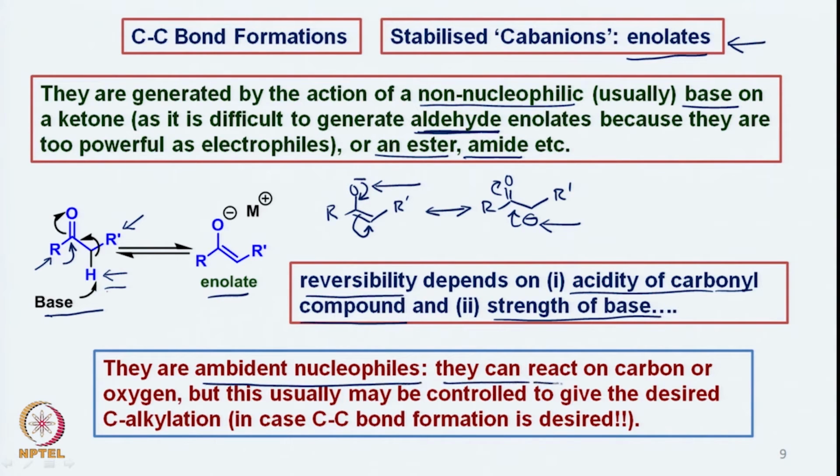They can react either on carbon or on oxygen, but this can be controlled if one wants the C-C bond formation to take place. So there are factors that we have to look at, and conditions which we will have to meet, to guide the C-C bond formation via this particular enolate molecule, which has a resonance structure with the anion on the carbon.